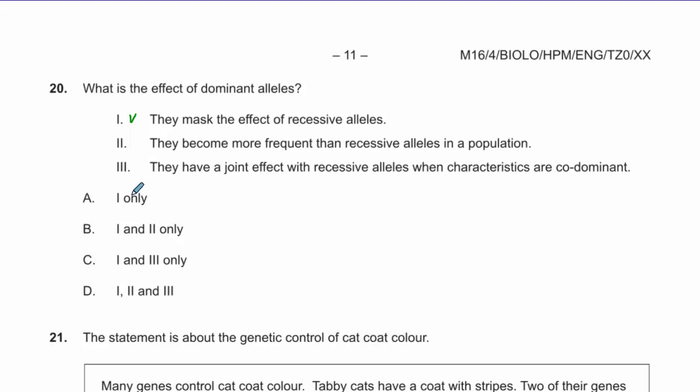You just see them more. They have a joint effect with recessive alleles when characteristics are codominant. No, I don't agree. They always overshadow recessive alleles, but they could have a joint effect with another codominant allele. So I would say A only.